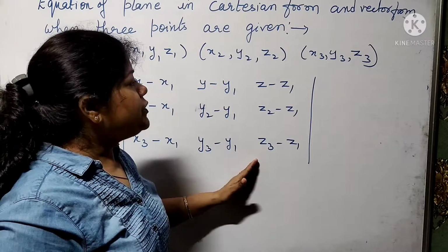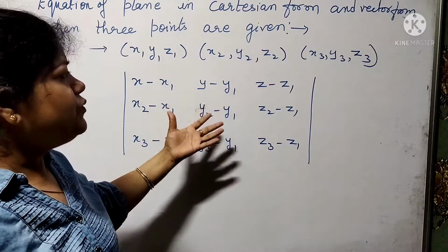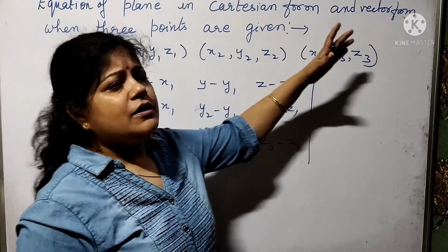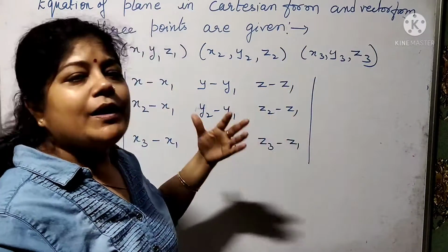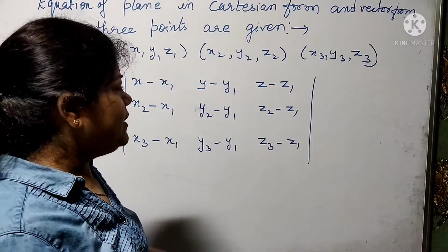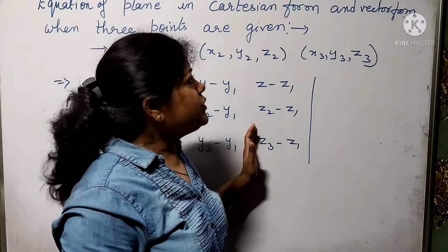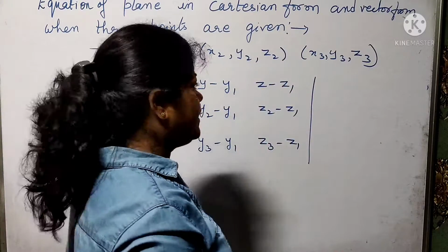When you derive the equation of plane in the Cartesian form, then you have to convert this equation in the vector form. I will tell you one by one by taking an example, and then I also convert this equation of Cartesian form to vector form.